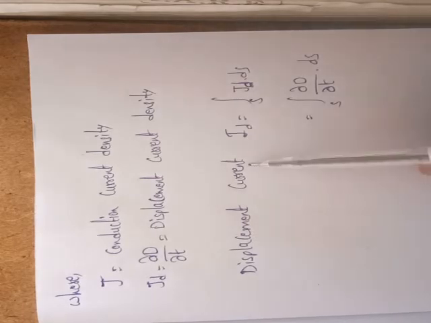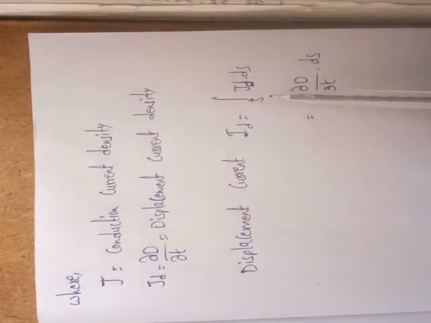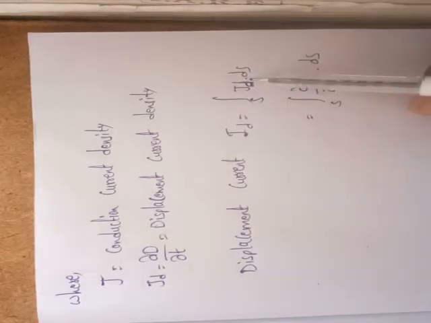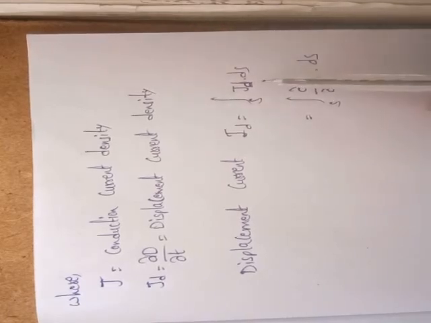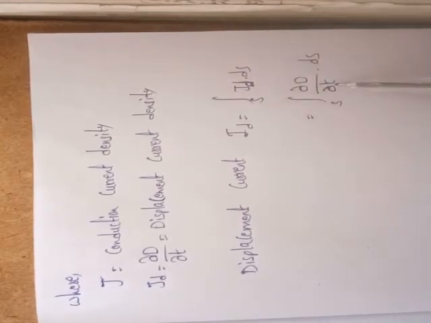The displacement current ID can be given as the surface integral of JD dot ds, which is dou D by dou t dot ds.